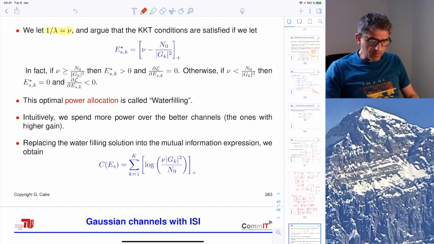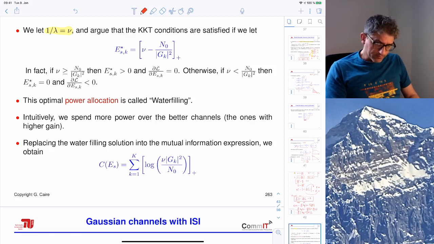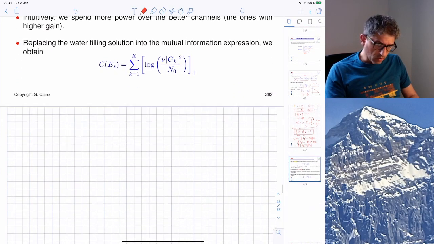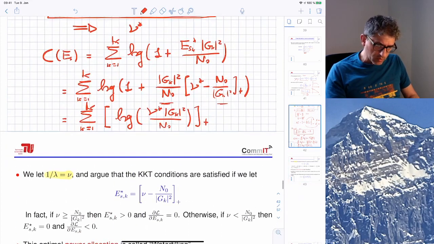And this specific power allocation is called water filling. What is called water filling? We will see later why, but basically let me give you here a picture, and then we will go more over. So basically, look at what we do here.